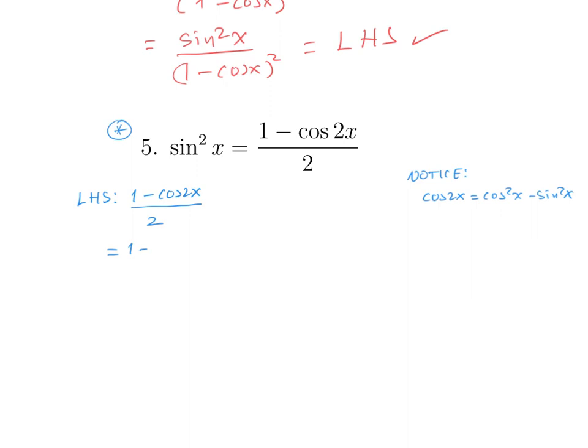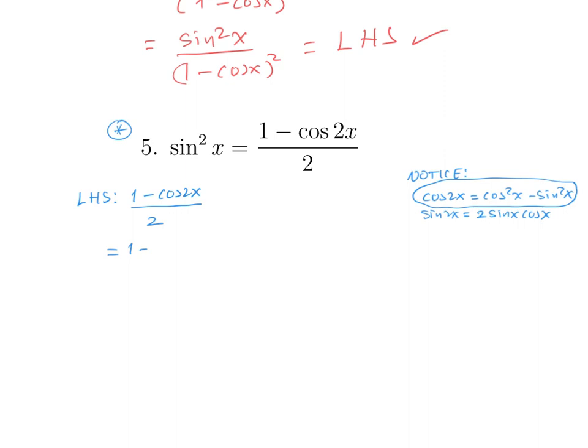But for our purpose, this should be good enough. That's not true for sine. For sine 2x, you can only write it in one way: sine 2x equals 2 sine x cosine x. But the one we need right now is this one, okay?